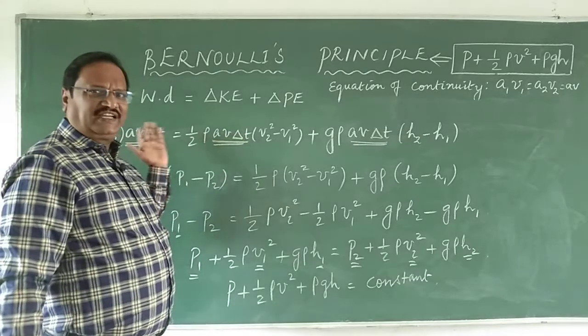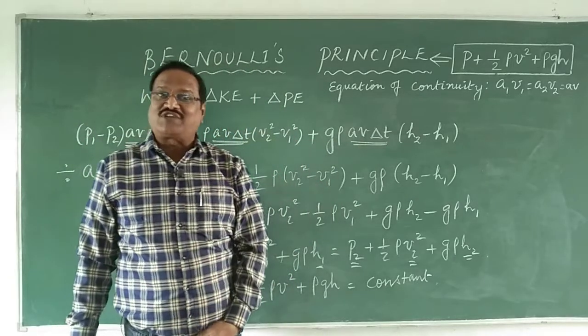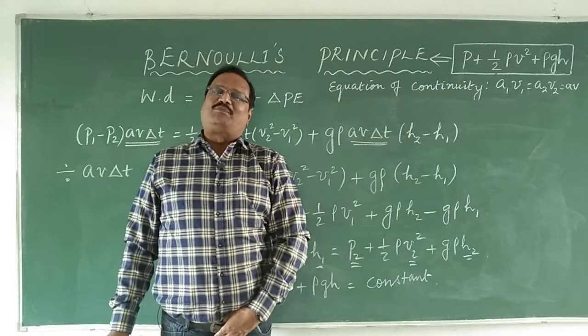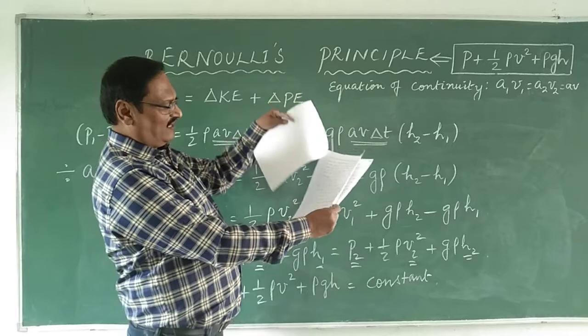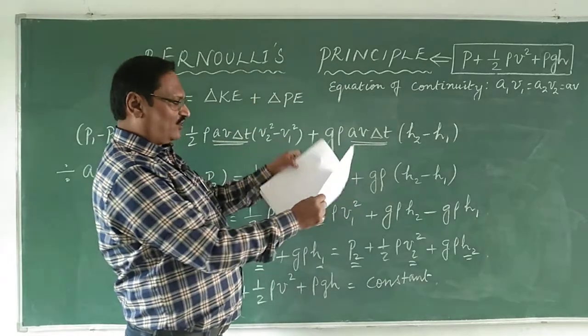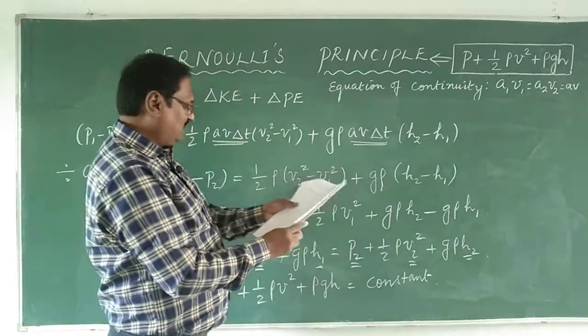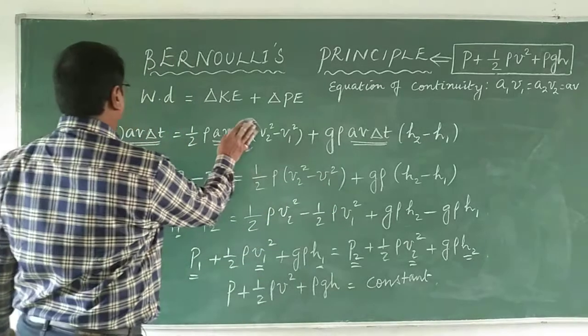AV delta T, AV delta T, AV delta T. The fewer subscripts and symbols we have, the better for us, easy to remember, right? And I have solved it. And also you see this which I have completed. I see here one point which I would like to include, so that you will not have any doubt later.